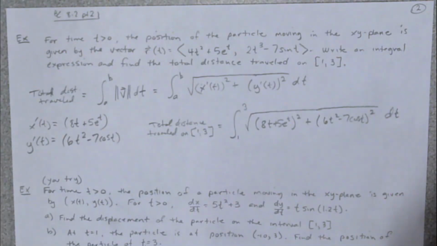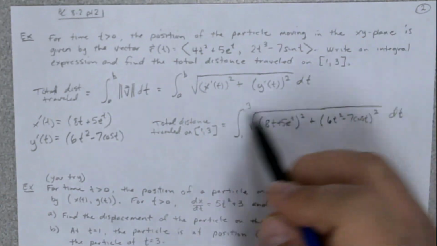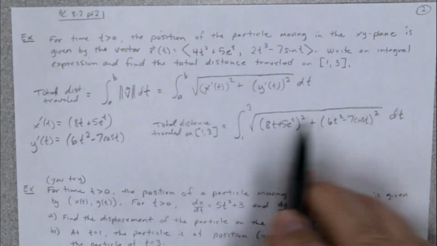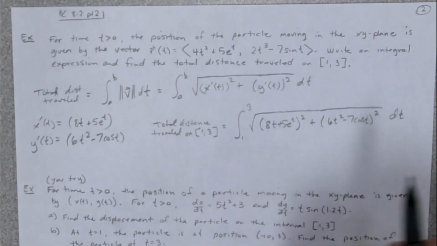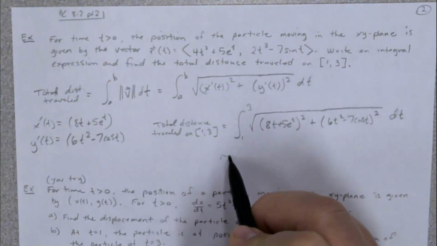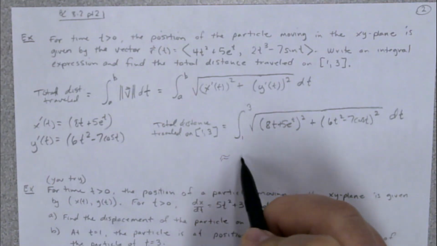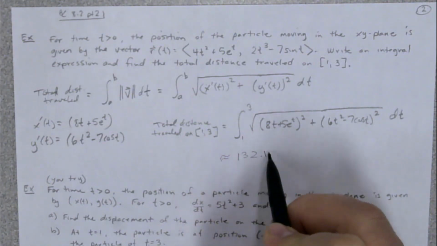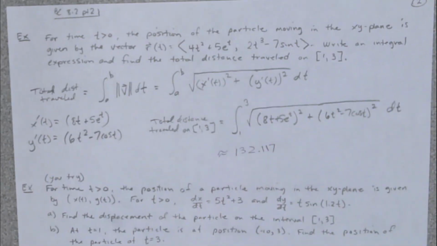There's my integral expression. This is what they will be looking for to see that you have everything in here properly. So you want to make sure you know your formula. After that, this is a calculator exercise. You type all that in and you should get this answer for the total distance traveled.